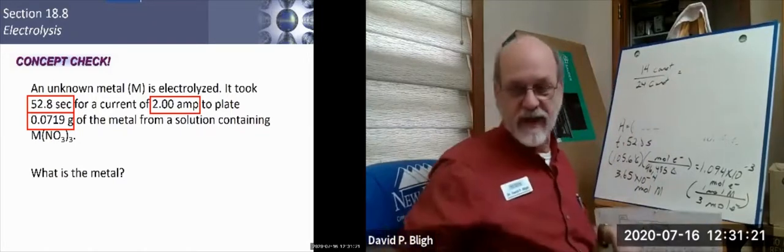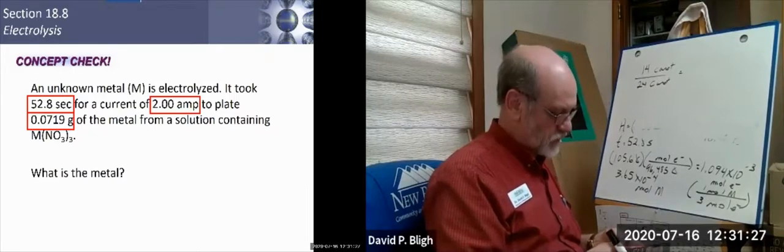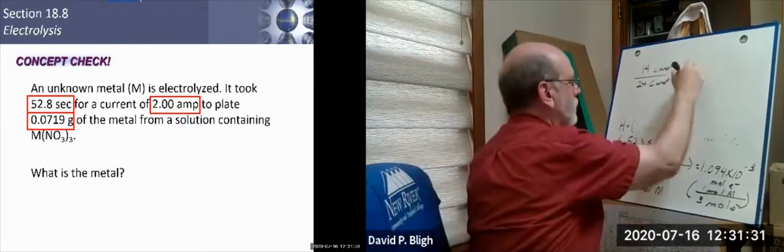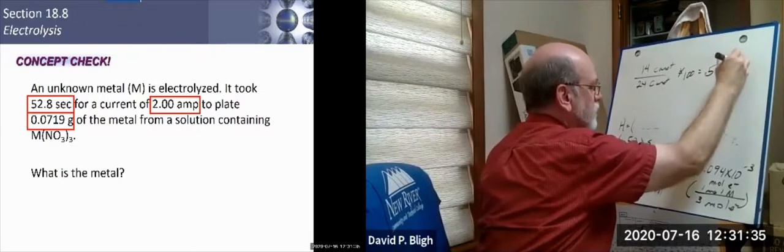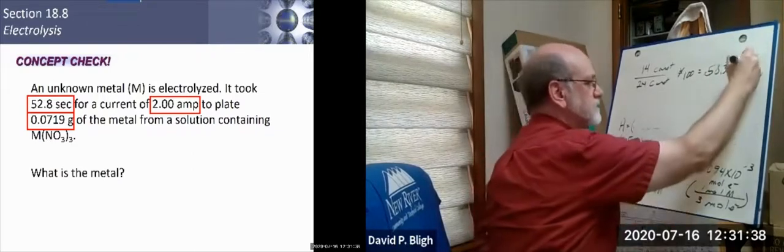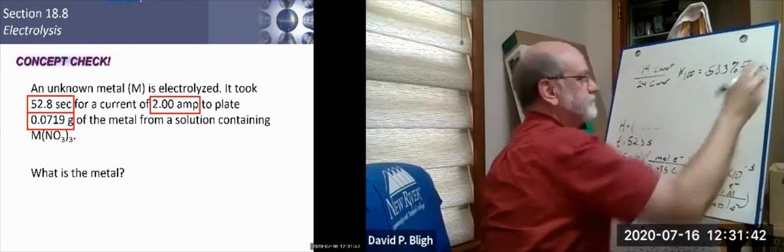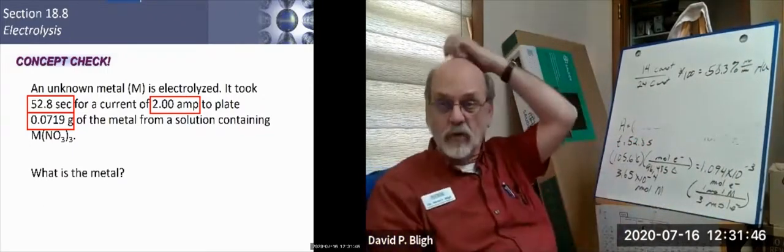So 14 divided by 24 times 100 is equal to 58.3% mass gold. Okay, so it's a little over half gold in that ring.